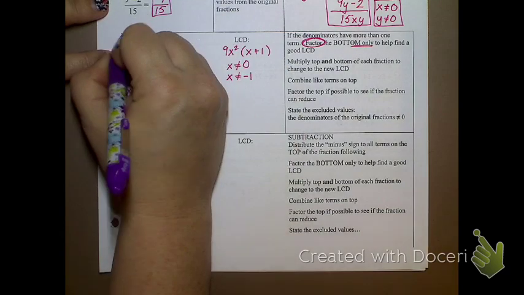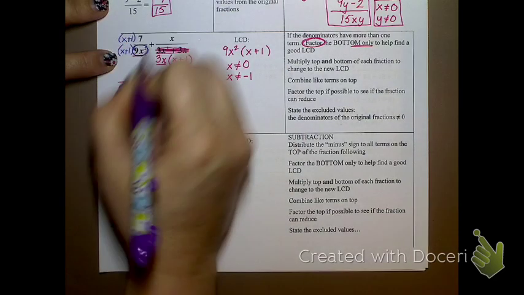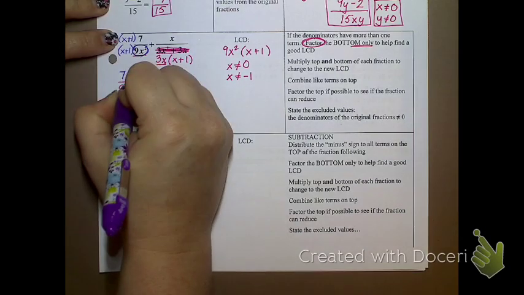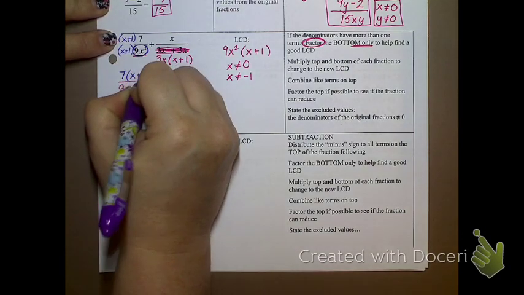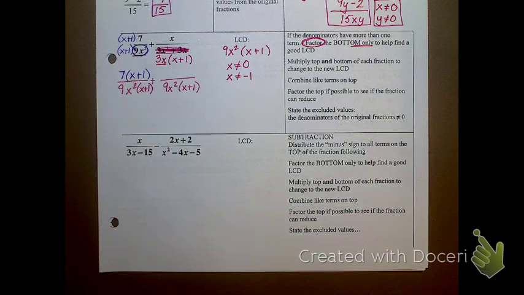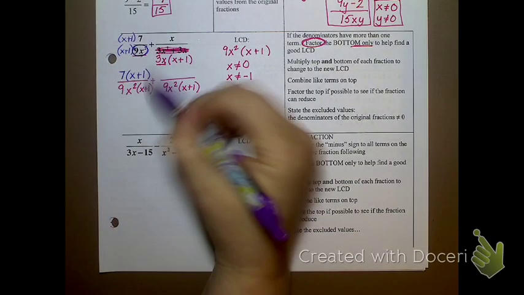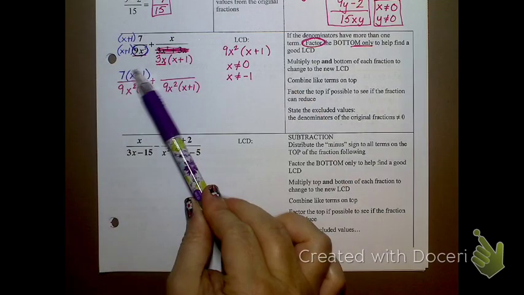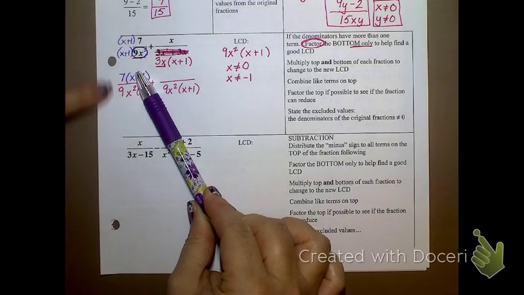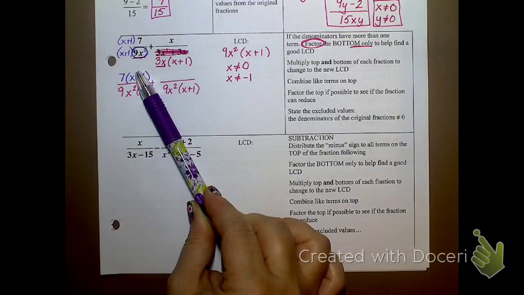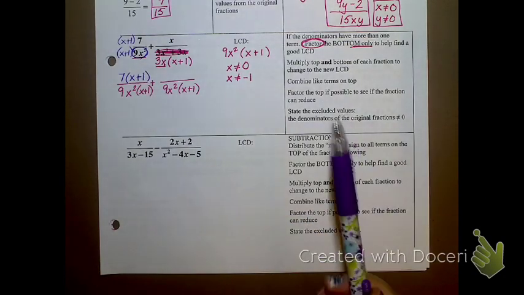So if I multiply the top by x plus 1, I have 7 parentheses x plus 1. Does that make sense? In other words, if I can, in my brain, reduce this fraction by canceling out those x plus 1s, I should have the original fraction there. Yeah? Okay.